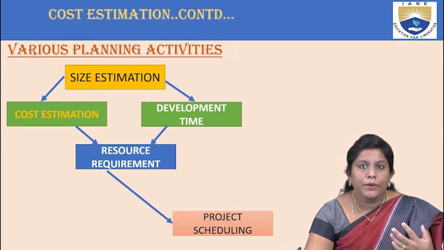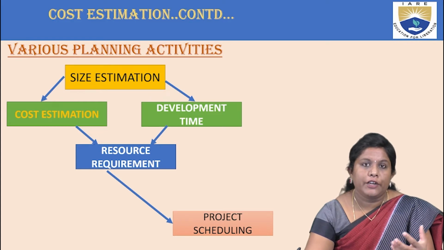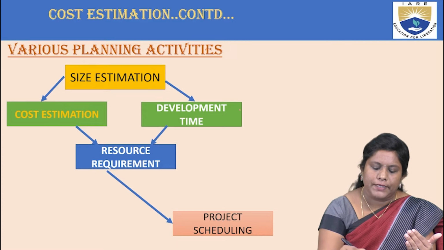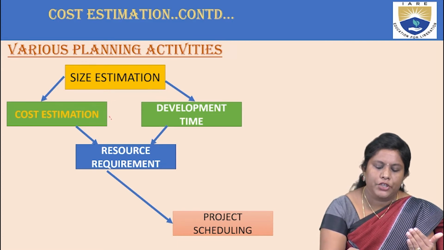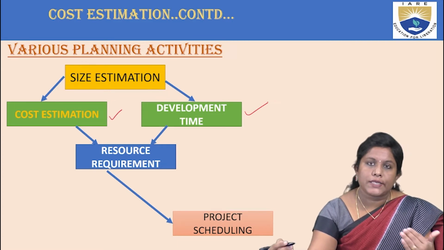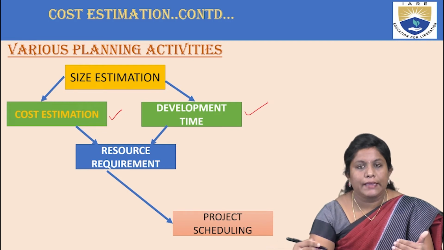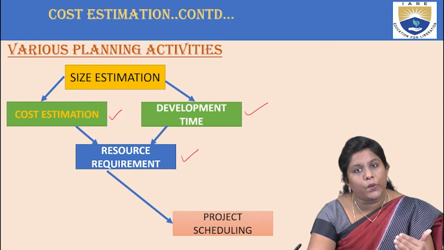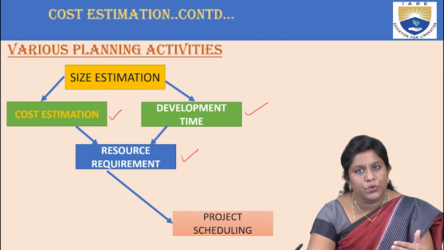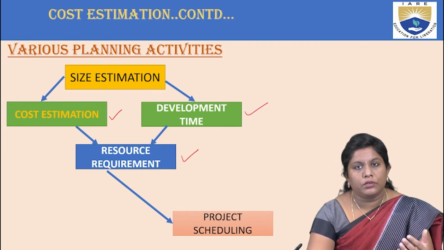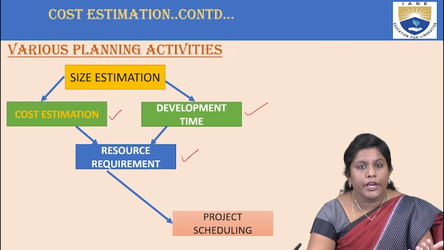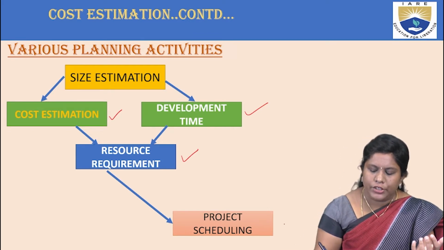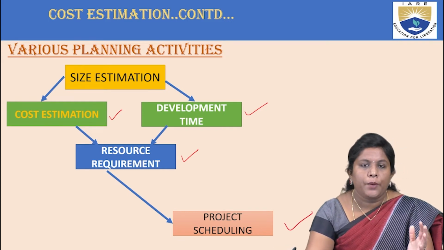When you talk about size estimation, it leads to cost estimation and the development time. And these both in turn determine how many resources are required. The requirement of resources comes into the picture when you are trying to know about the cost estimation and the development time. And all this leads to how you schedule a project.